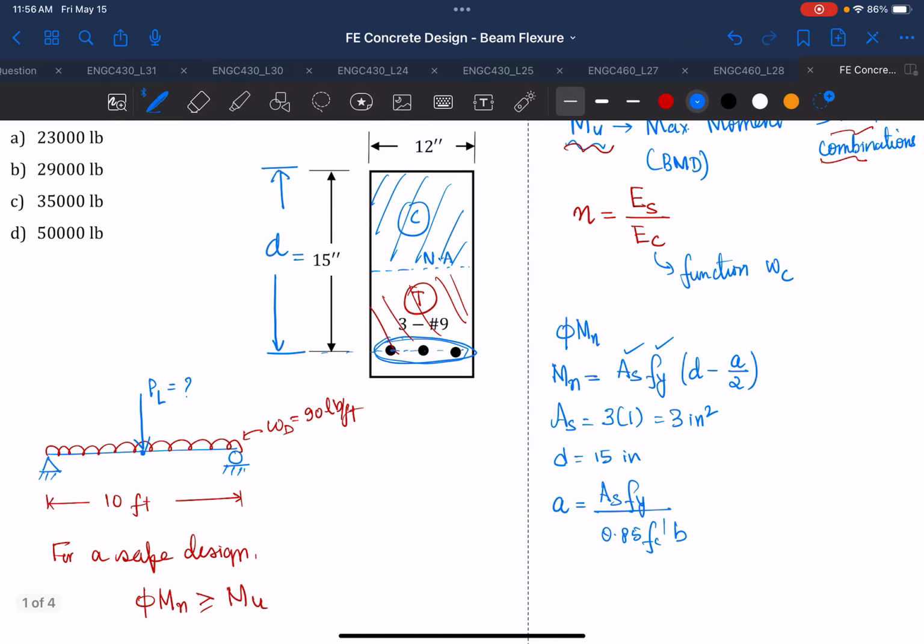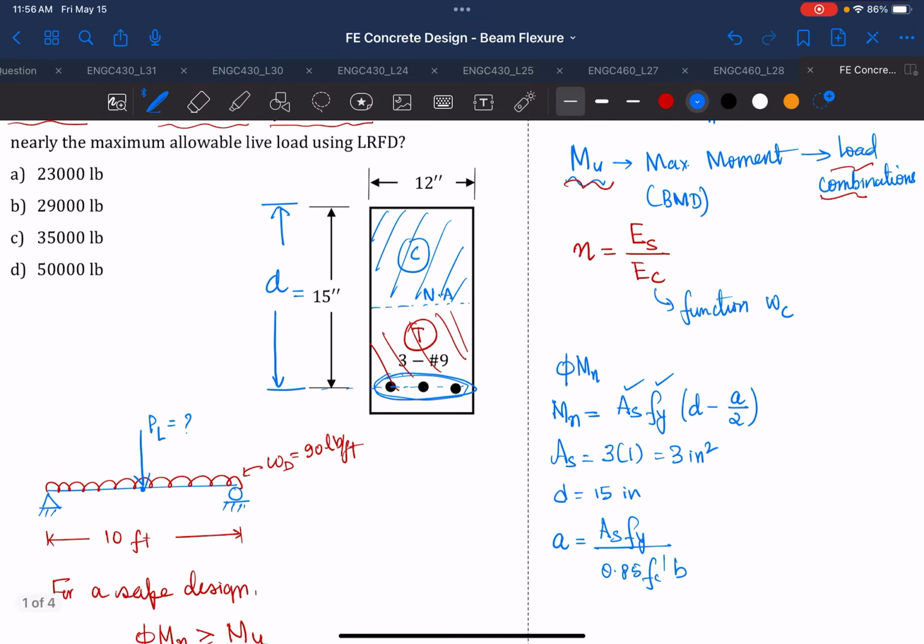And what is b? B is the width of your beam, which is equal to 12 inch. So if you put all those values together, you should get here 3.92 inch.